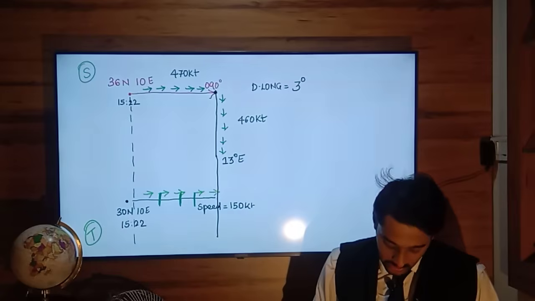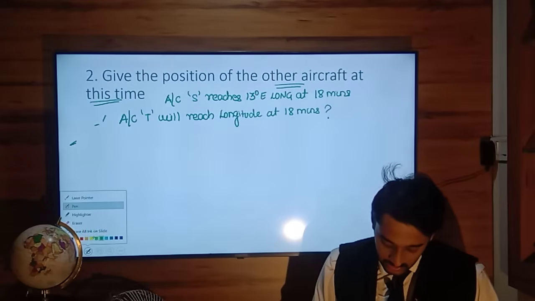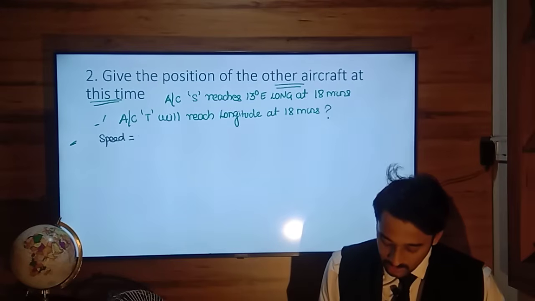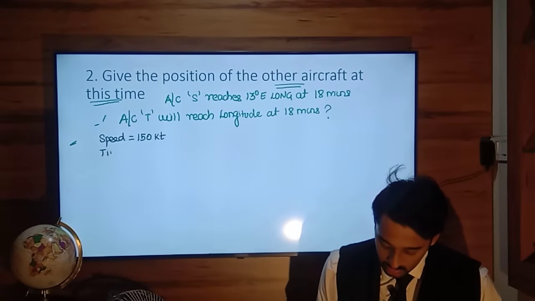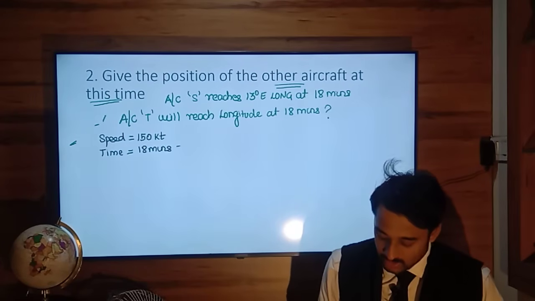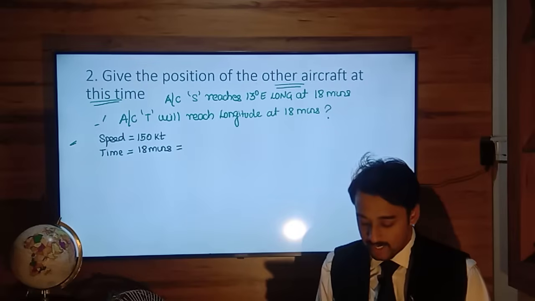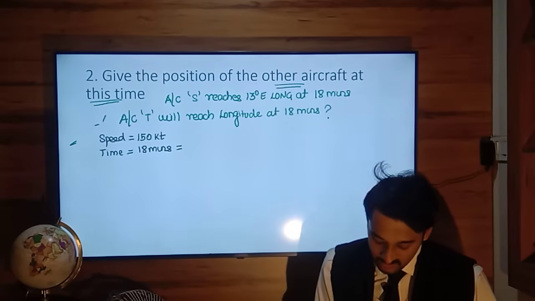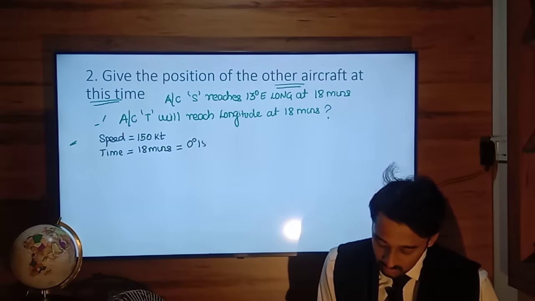So let's solve that sum. The speed of the Tango aircraft is 150 knots. Time is 18 minutes, or we can convert that into hours by dividing 18 by 60, so that is 0.18 hours.